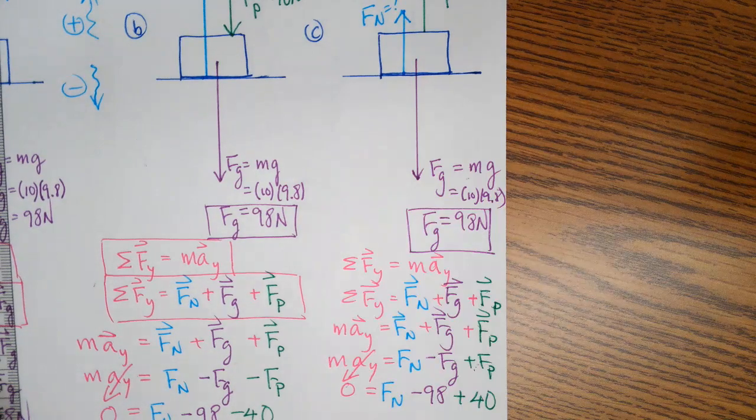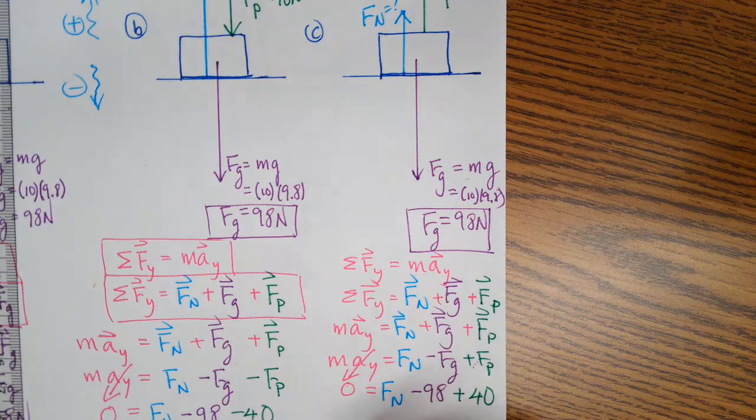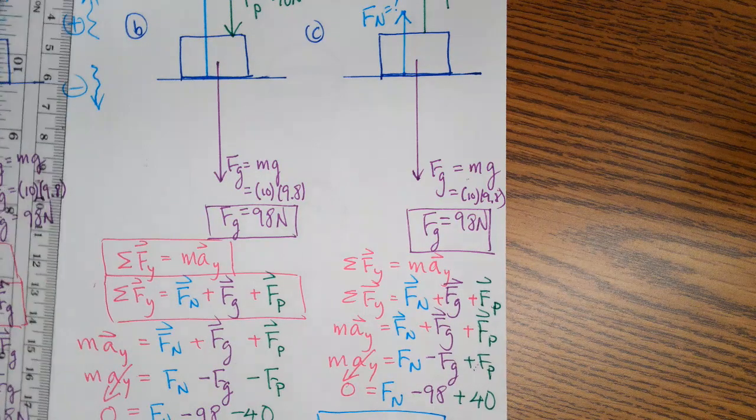All right? So now you can see that F normal now is equal to just 58 newtons. It doesn't have to support as much as the weight of the object.